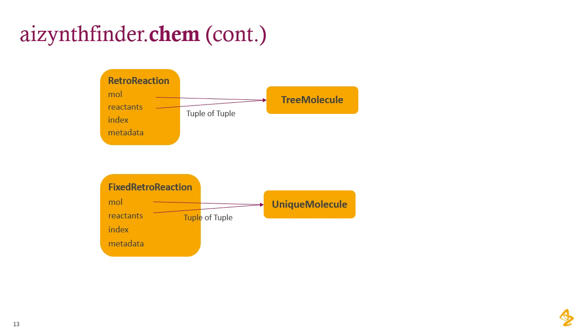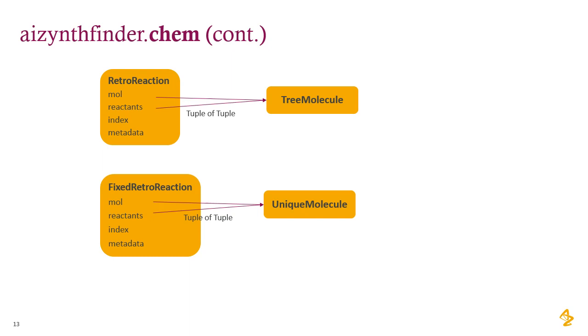So it has a mol object, which is a tree molecule, and upon need it will create reactants, new molecules that are also of the tree molecule class. A fixed retroreaction, on the other hand, is used in post-processing of routes, synthetic routes, where the mol and the reactants objects are unique molecules that are there upon instantiation, for instance, when reading a route from disk.